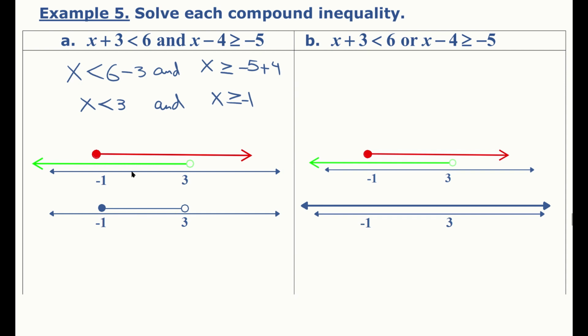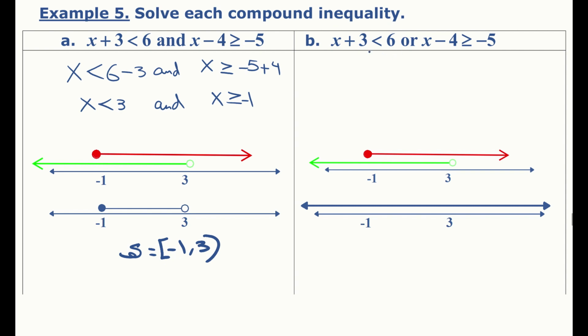So do notice that we have a closed circle at -1 because -1 is in both of those sets, so therefore it's in the solution set, and open circle at 3 because 3 is not in the green set, so it's not in the intersection of the two sets. Now we can easily write the solution set. Solution set is going to be the interval from -1 to 3. It's a half open interval and it's closed at the -1 end because -1 is included.